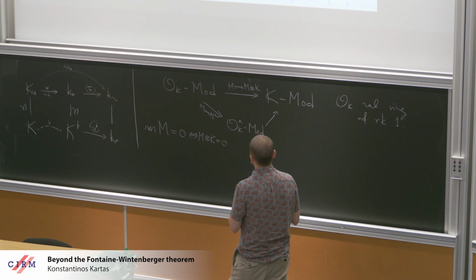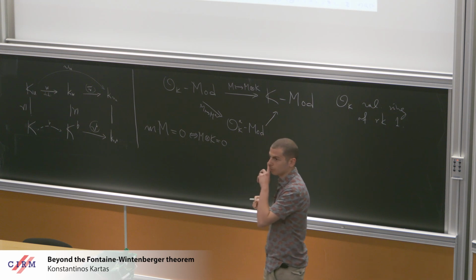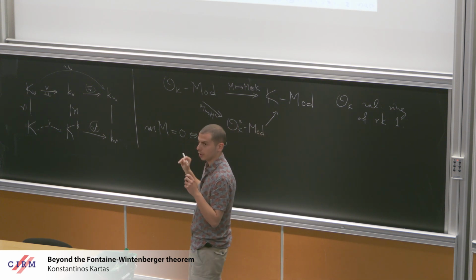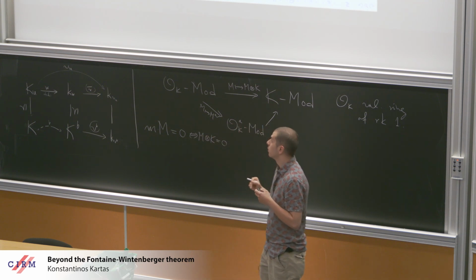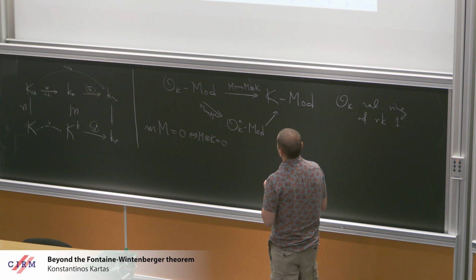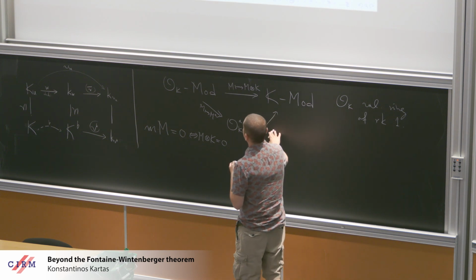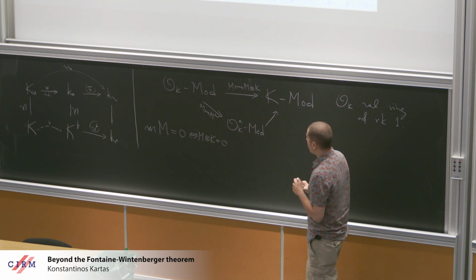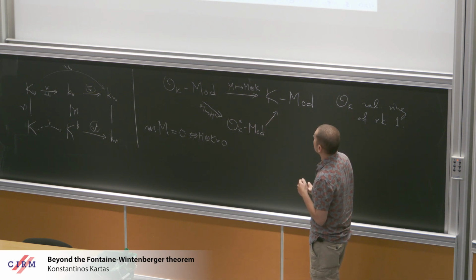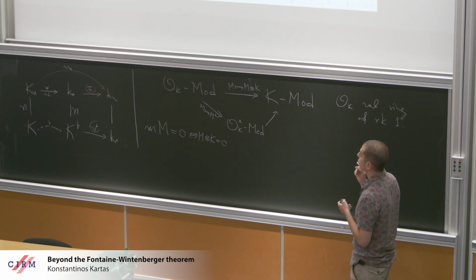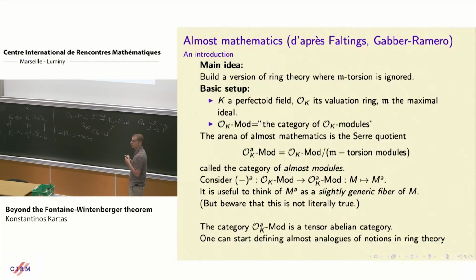So this is not quite true. We do not have a notion of a slightly generic fiber in the algebraic sense. So this category is not quite the category of modules over something, but it behaves like one. It's a tensor abelian category, and whenever you have such a category, you can define many notions categorically.